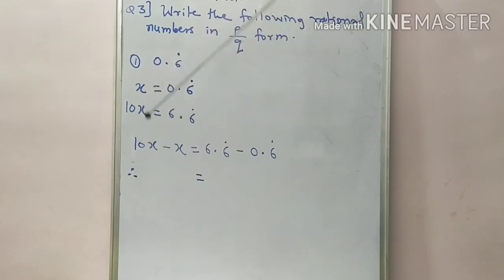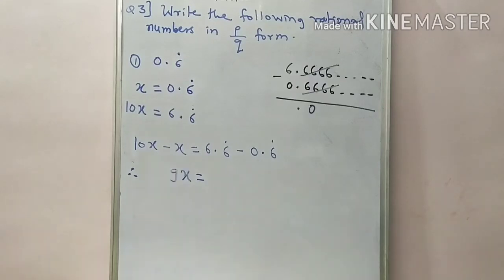So in this example, as we multiply by 10 and subtract, on the left side we get 9x. And on the right hand side, what happens? You just subtract the 6 and the 0, because the decimal part is eliminated, and that answer we get is 0.